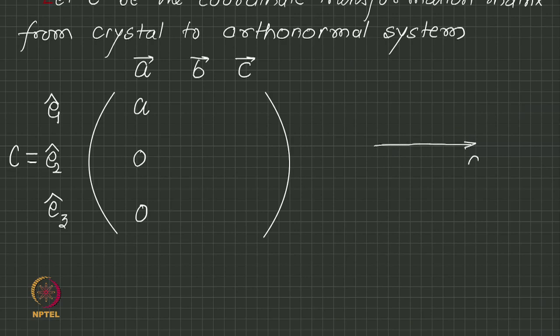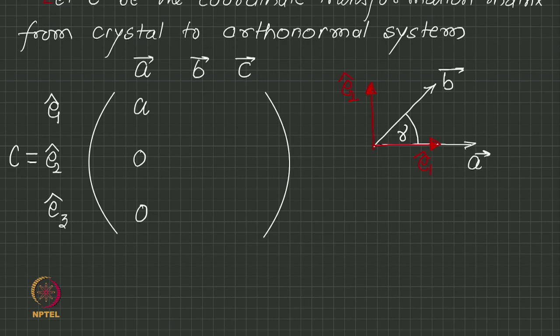This was A and this was B, and the angle was gamma, and we also chose our E1 along A and we chose E2 in the plane of A and B. So, it is very clear what the components of B are in the E1, E2, E3 system.